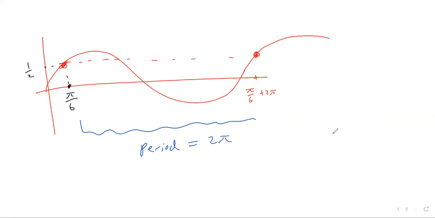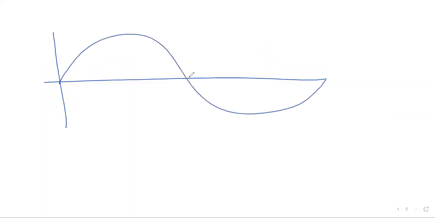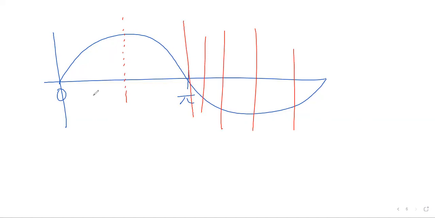Something else I'll also talk about with the sine graph is that between 0 and pi radians, where pi radians is in the middle there and 0 is there, you have a line of symmetry. If we just ignore everything else for now, between 0 and pi, you have a line of symmetry at pi over 2.